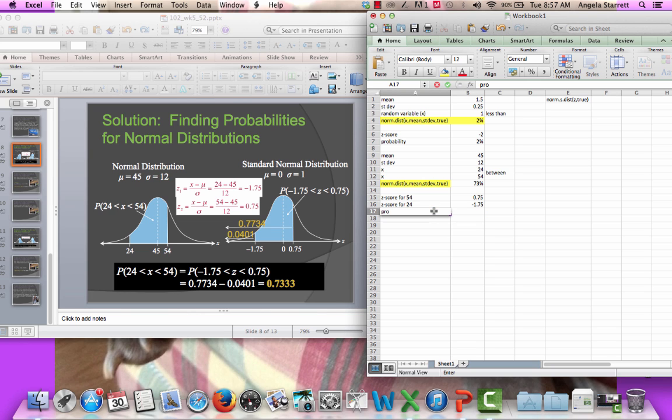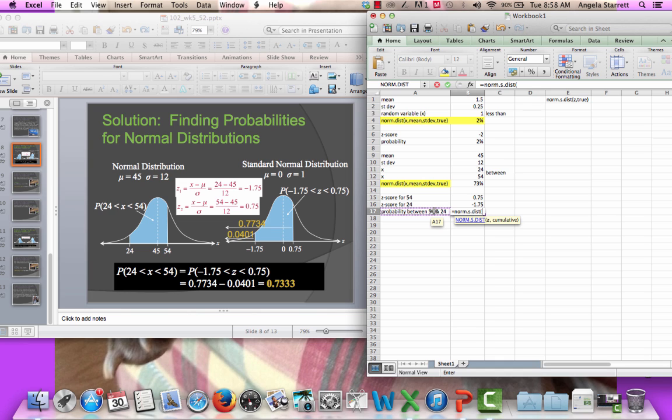And if we want the probability between 54 and 24, using my z-scores, we'll have equals NORM.S.DIST. Remember, we've got to use the .S now because we have z-scores.